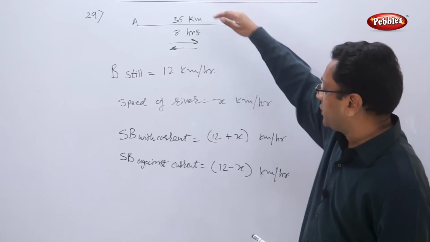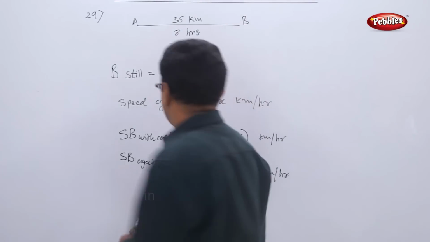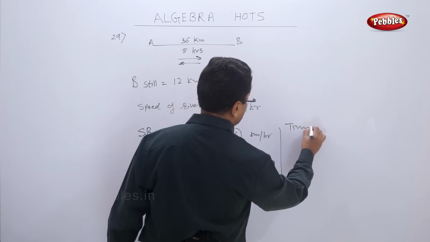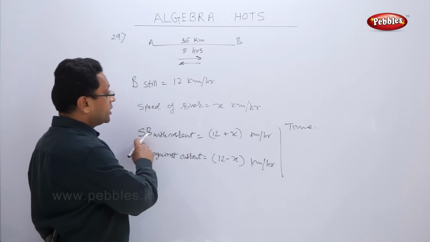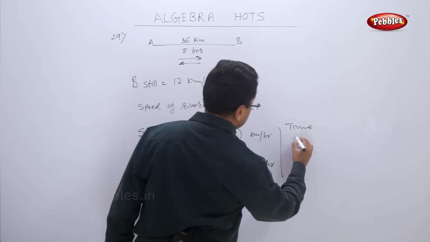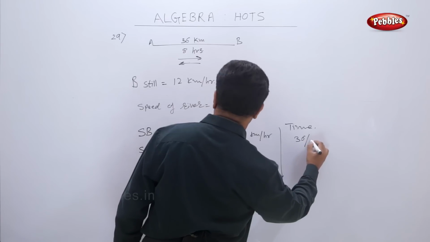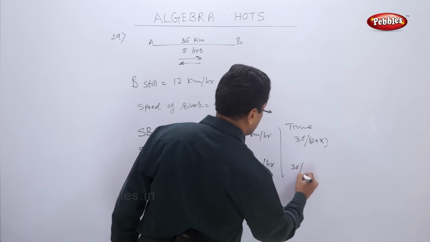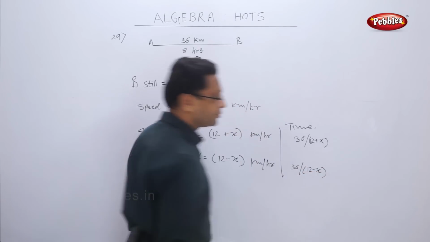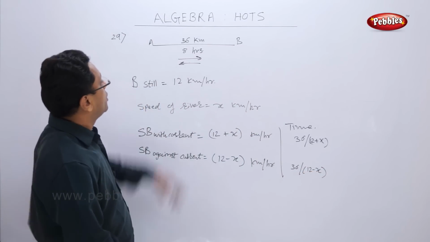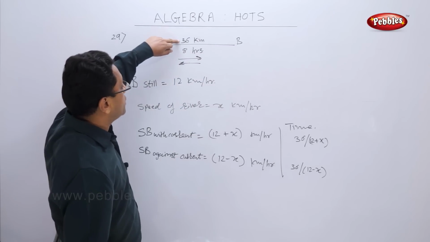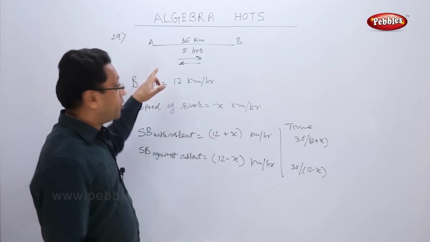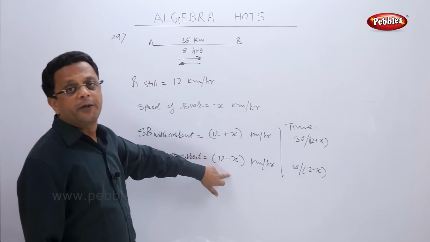Now here the time taken, when the boat is traveling with the current, is 36 upon 12 plus x, and against current 36 upon 12 minus x. Right? This journey will take 36 upon the speed, and the reverse journey will take 36 upon the reverse speed.